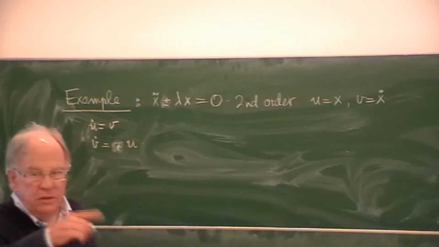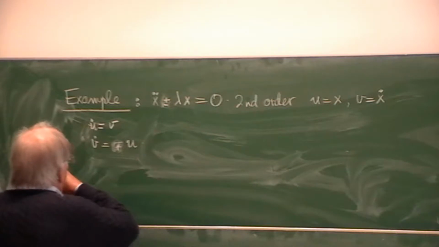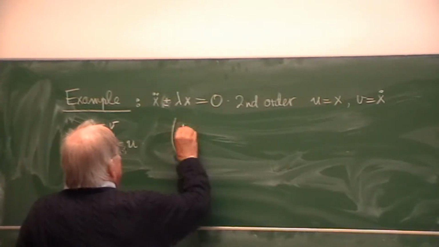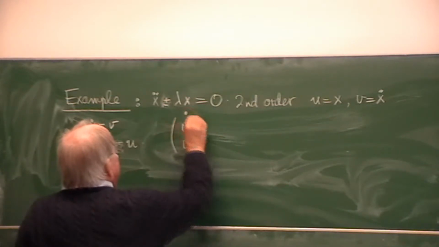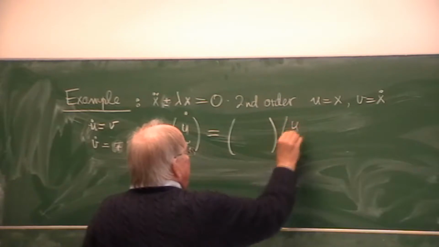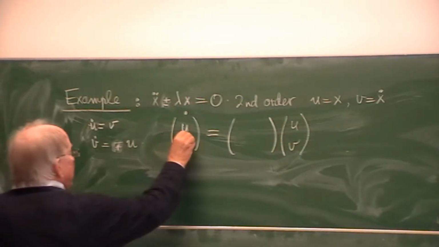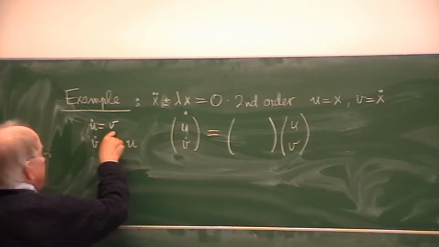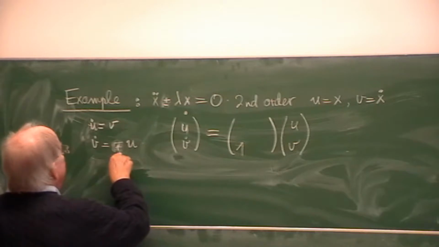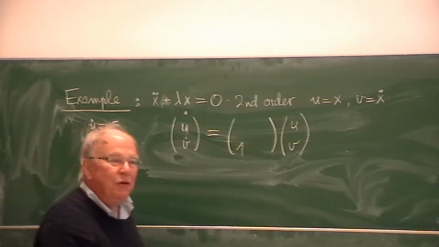It has to do with the frequency of this differential equation. So this says that (u, v) dot equals some matrix times (u, v). Let's have fun. Let's make this plus, and so this is minus. This is my favorite matrix.